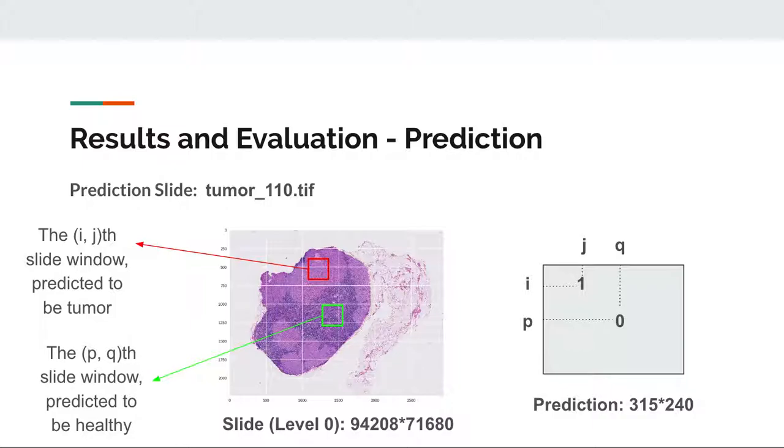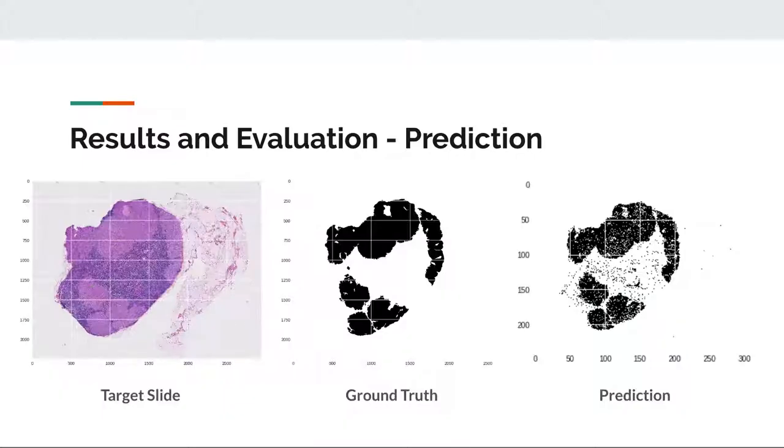By predicting the label for each patch with the model, we can get the corresponding pixel value in the prediction image. For example, the (i, j) entry corresponds to the red patch and will be 1, while the (p, q) entry corresponds to the green patch and will be labeled 0.